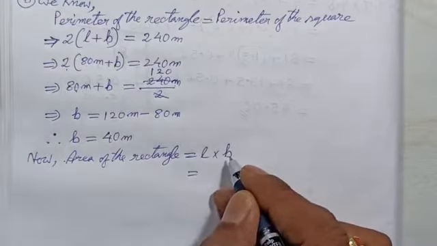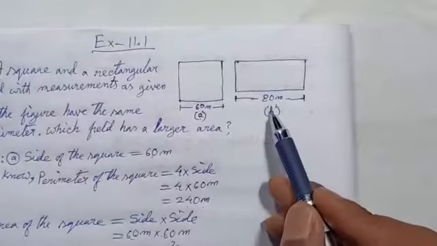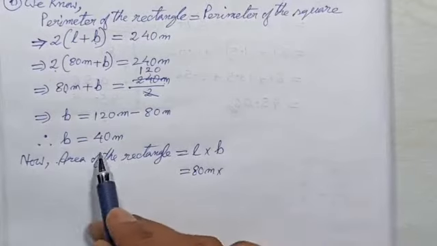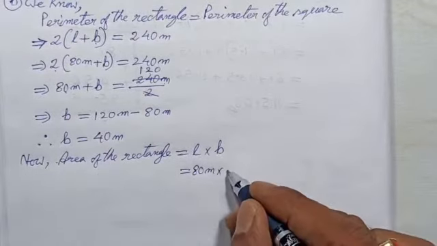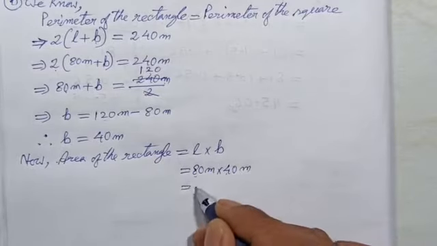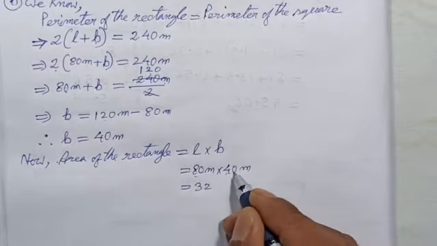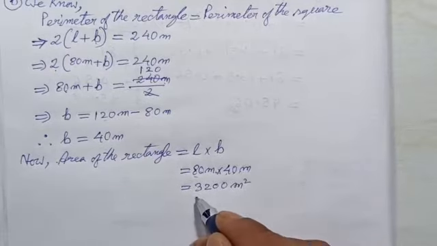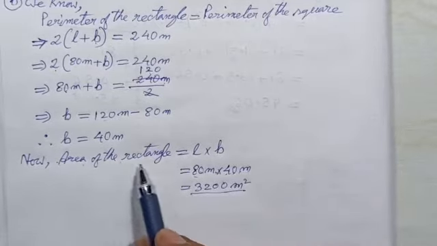Length is given in the question as 80 meter, and breadth we just found is 40 meter. Let's multiply these two. 8 4 times is 32, then here one 0, and here one more 0. So 3200 meter square. This is the area of the rectangle.